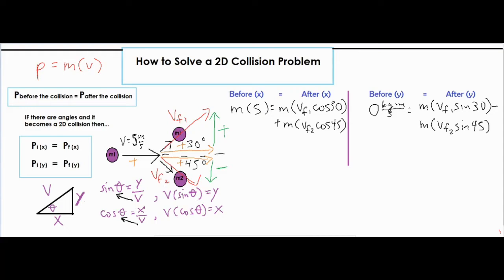In the x direction, we have the m1 moving along, so that's just m times 5. And then afterwards, it's these two orange vectors combined. So it's mass times the x component of my 30-degree triangle, plus mass times the x component of my 45-degree triangle.